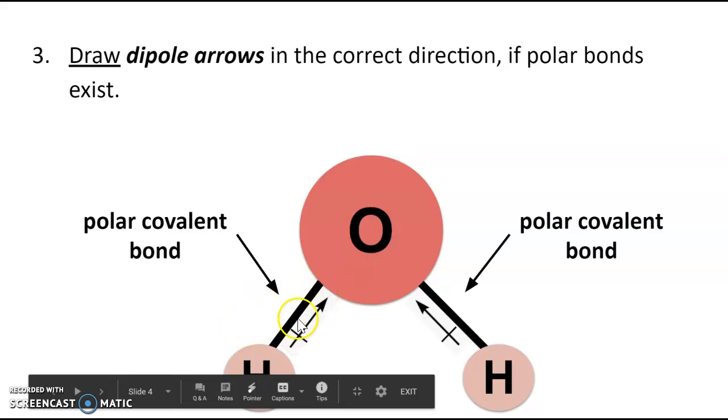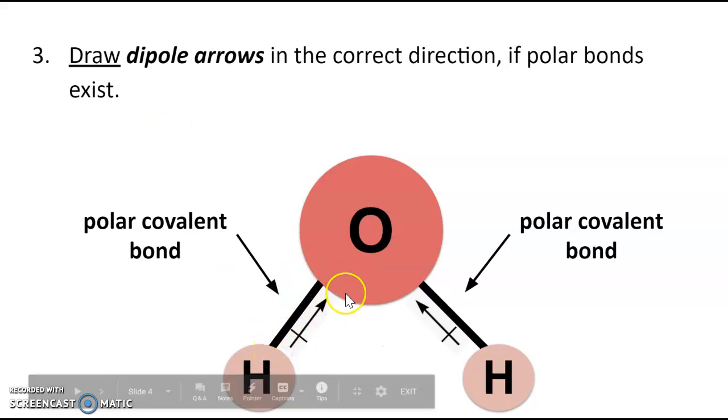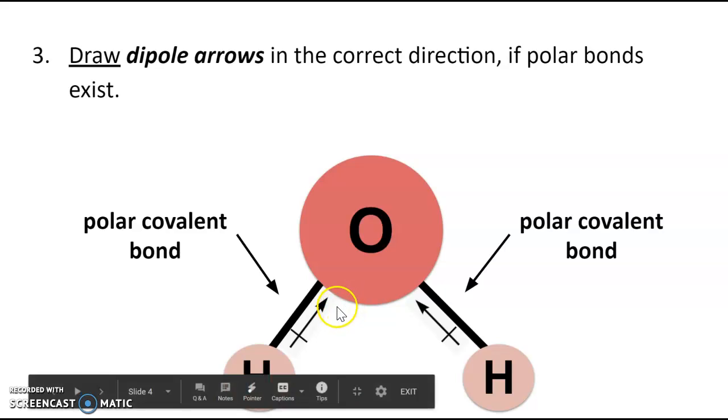So hydrogen and oxygen are still sharing these two electrons right here, but they're just spending a little more time with the oxygen. Kind of on average. So the dipole arrow for both of these, the positive end is going to be by the hydrogen, and the negative end, the arrowhead, is going to point towards the oxygen. So that'll be the same for both of them. So they're both pointing towards the oxygen.